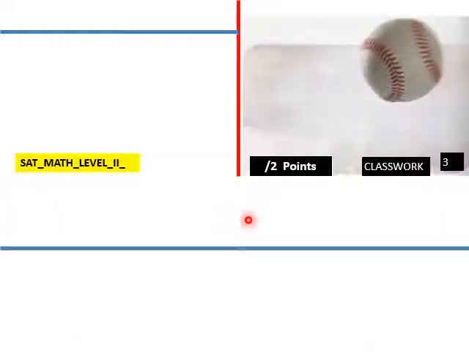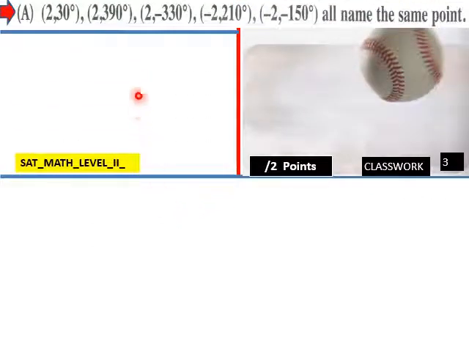Let's go into an example of some of this now. We have here (2, 30 degrees), (2, 390 degrees), (2, 330 degrees), (-2, 210 degrees), and (-2, -150 degrees), all named the same point.